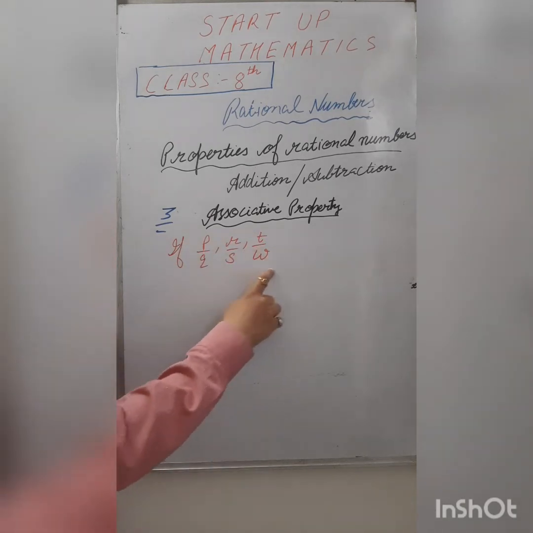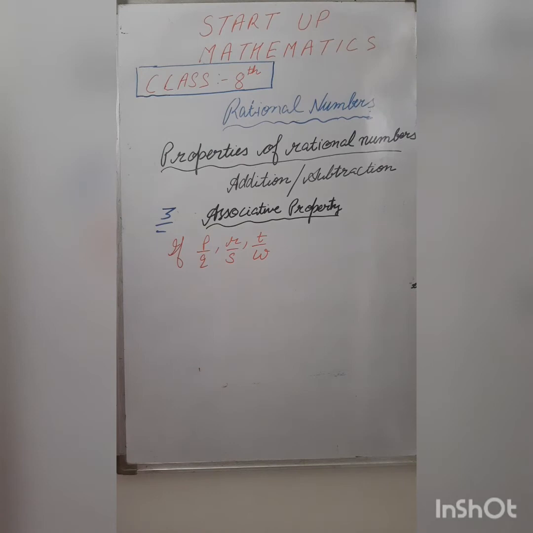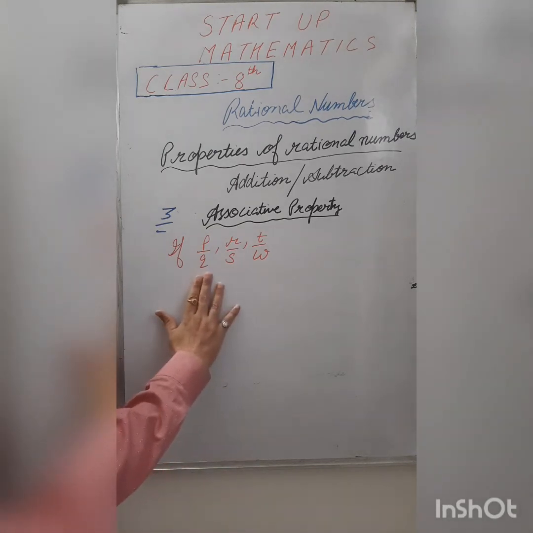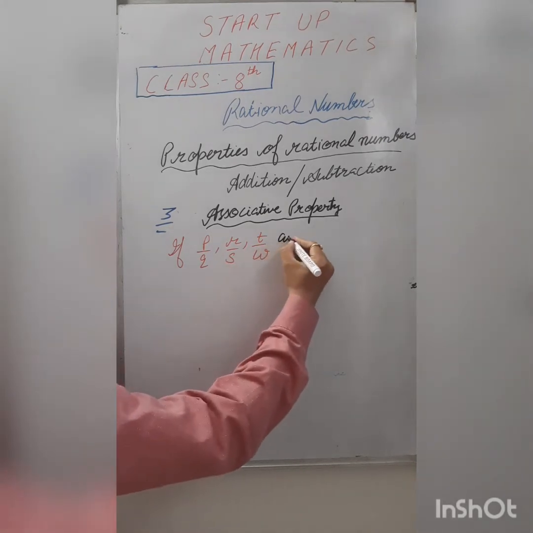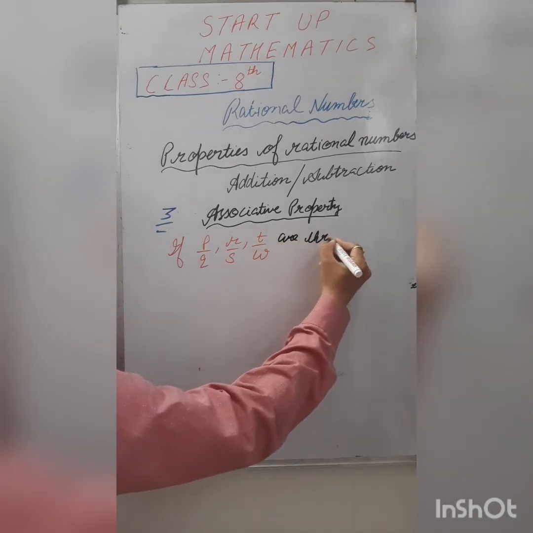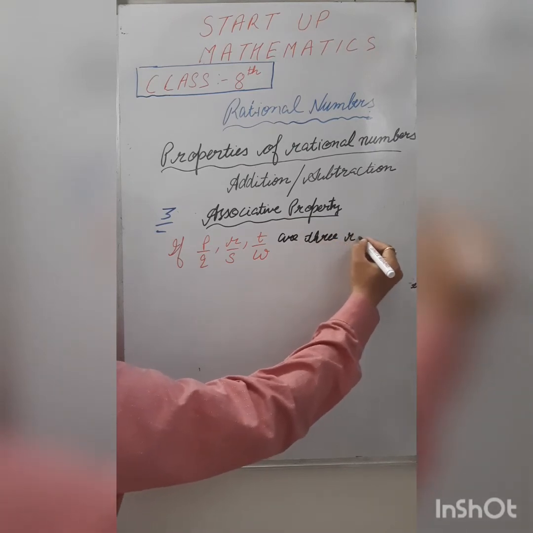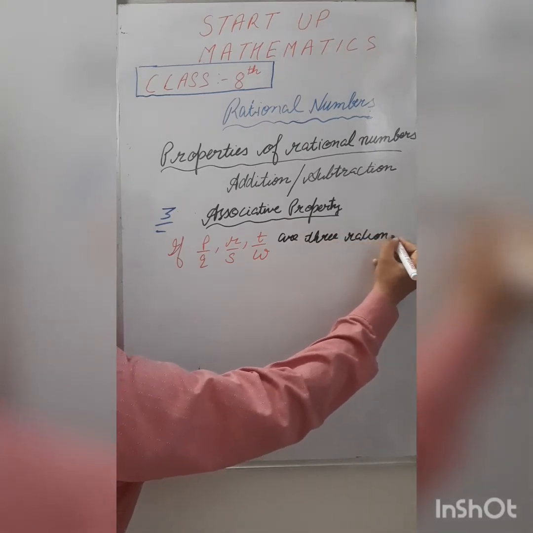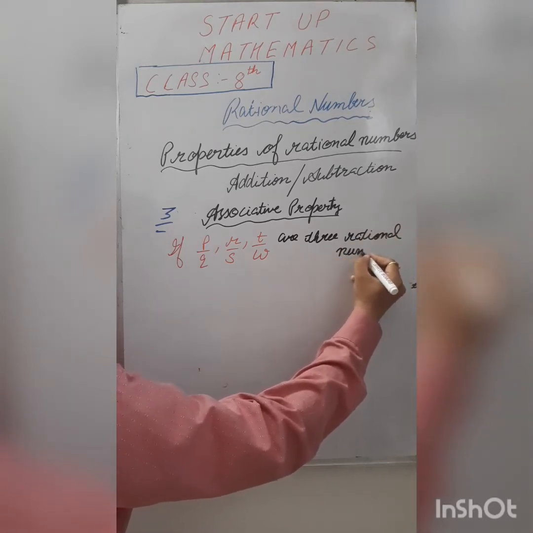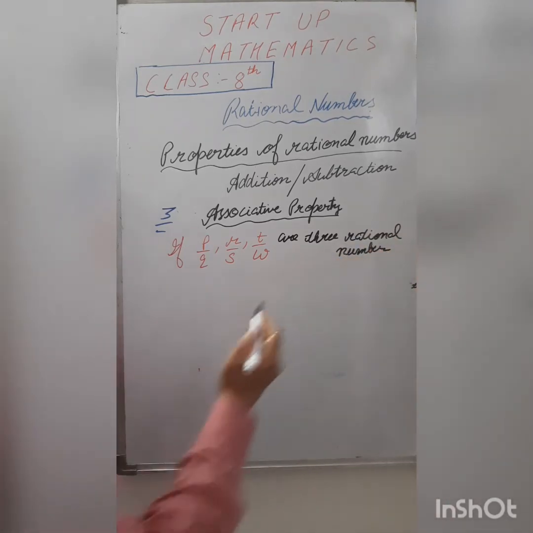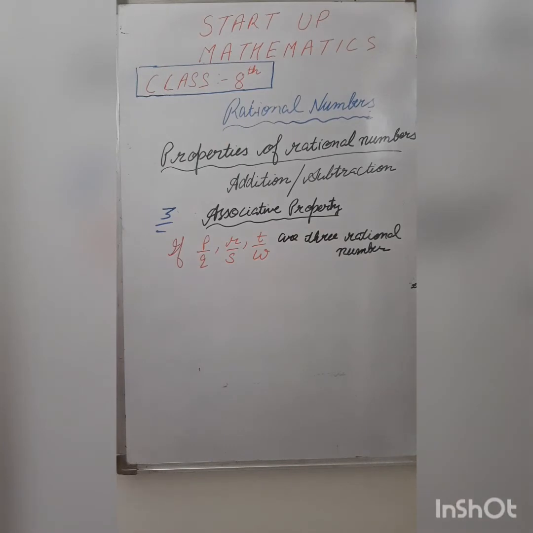And in the denominator parts, all denominators are not equal to 0, right? So these are three rational numbers.